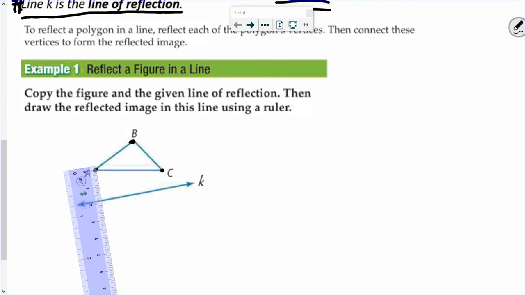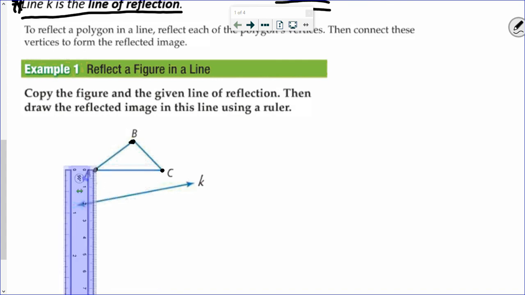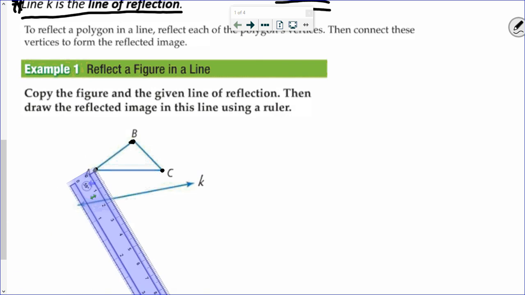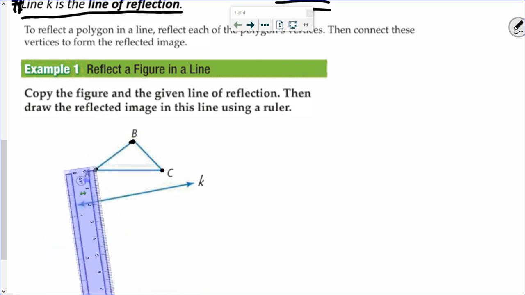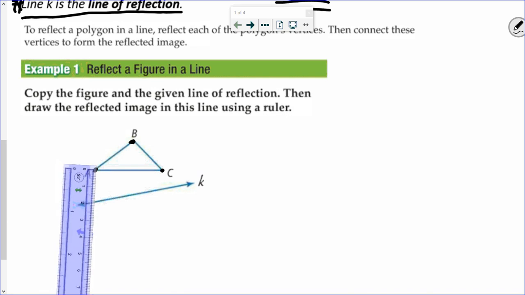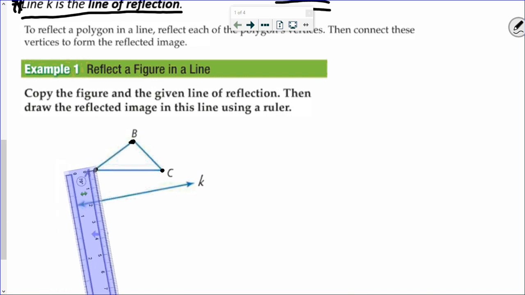What I'd like to do is set up the ruler so that it's perpendicular to line K. Again, perpendicular means it makes a 90-degree angle. So you can put your ruler there on point A. That's not quite 90 degrees. Again, we're trying to be perpendicular to K. It looks like my ruler is maybe at about that point.